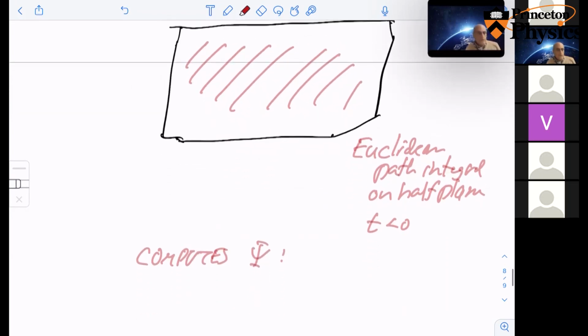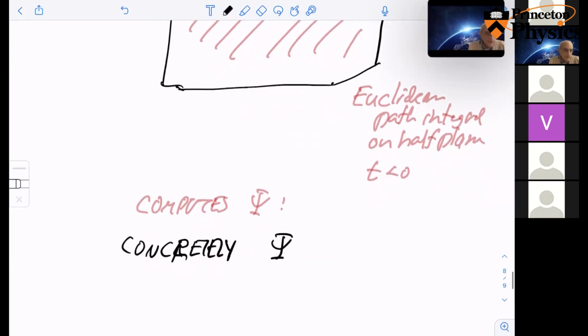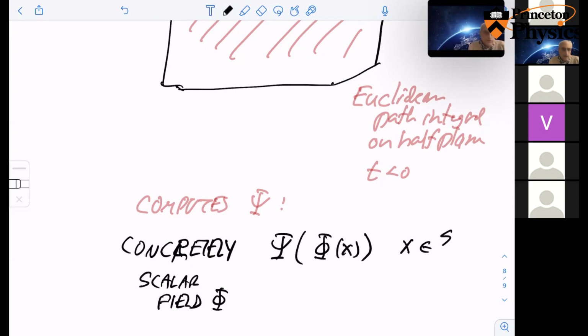What is meant by a wave function? In a scalar field theory, for example, the wave function is a functional of phi of x, where x is in the time zero surface, where we're trying to define the state.